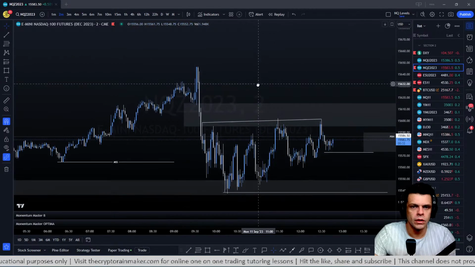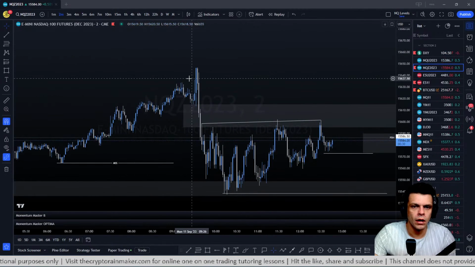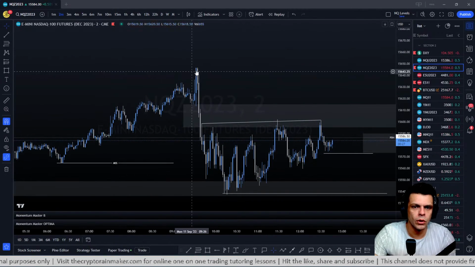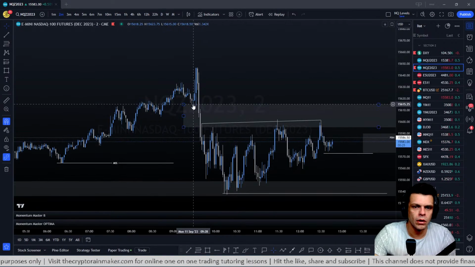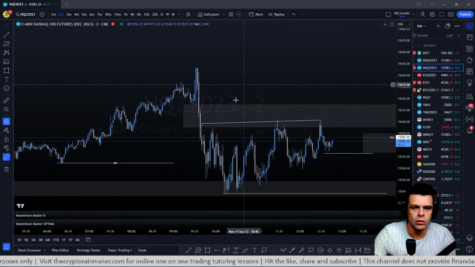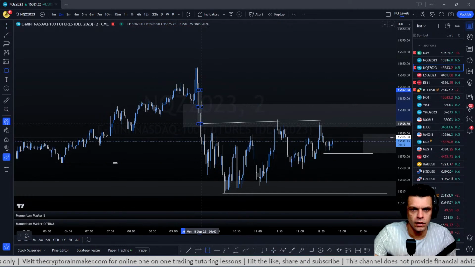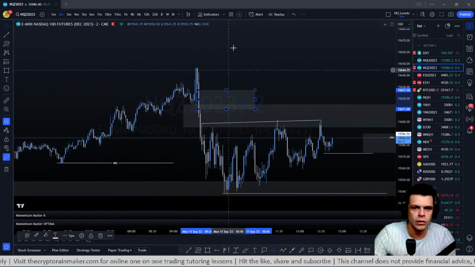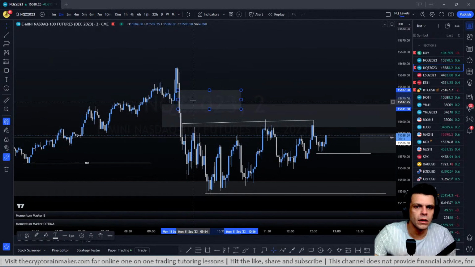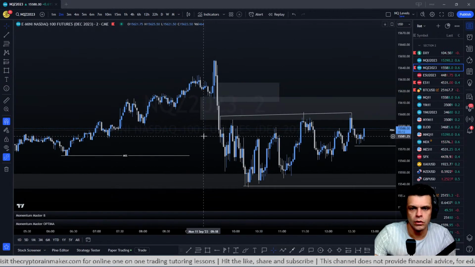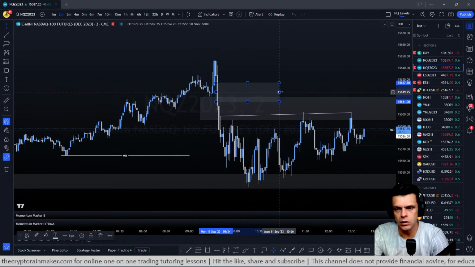So it took out an old high, so raided the liquidity, then displaced below an old low. So that was your old low, and then it created the displacement and fair value gap that I wanted to see, but it didn't tap into it, so it just continued to dump. So I didn't get my trade this morning.